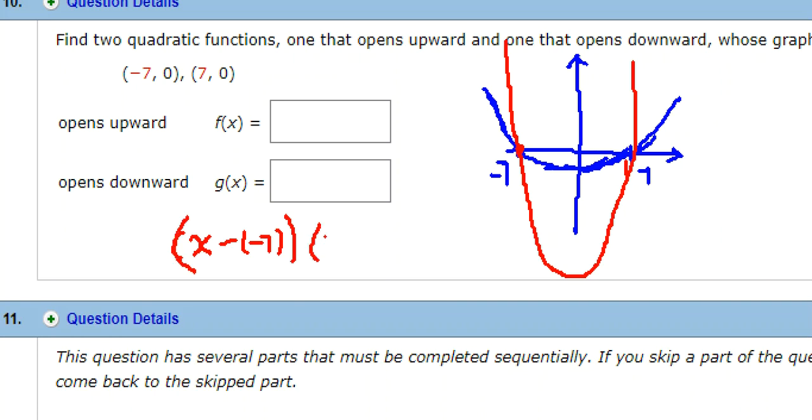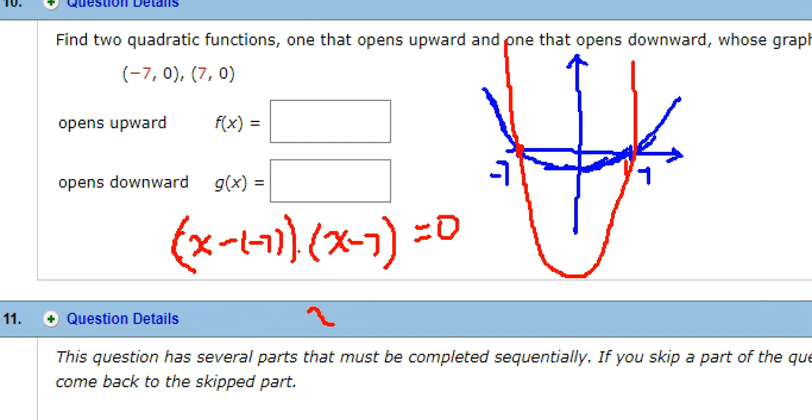And then x minus 7. This is another one. So when you set this to 0, x equals 7 has to be an answer from here. x equals negative 7 has to be an answer from here. You see that these are the two x-intercepts, right? So therefore, this is actually one possible solution, okay?